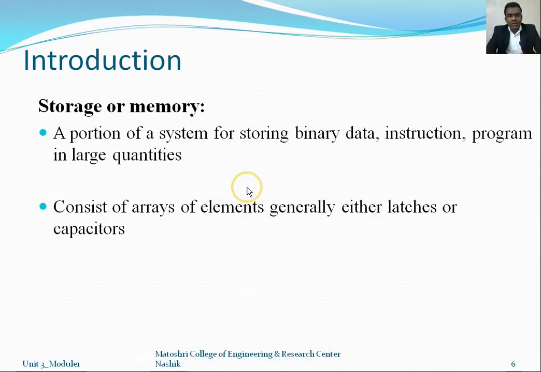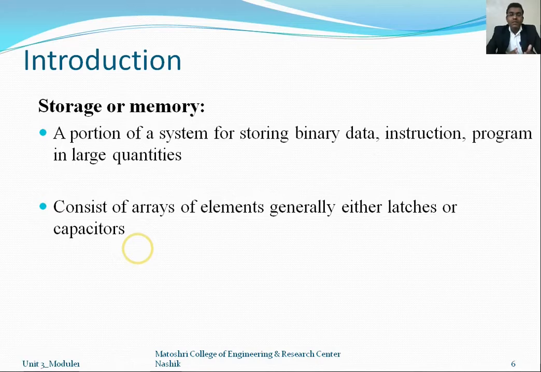In other words, memory consists of an array of elements, that is, an array of latches or an array of capacitors. As we have already studied, a latch has the ability to store 1-bit data.